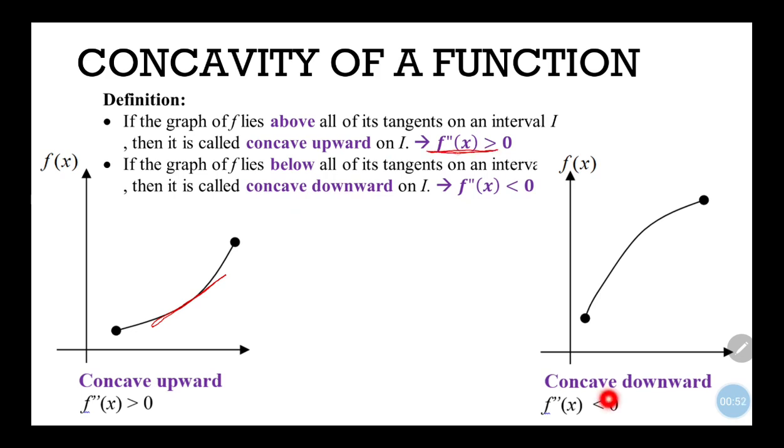If f double prime x is larger than 0, then it is concave upward. Likewise, when f double prime x is less than 0, it is concave downward.